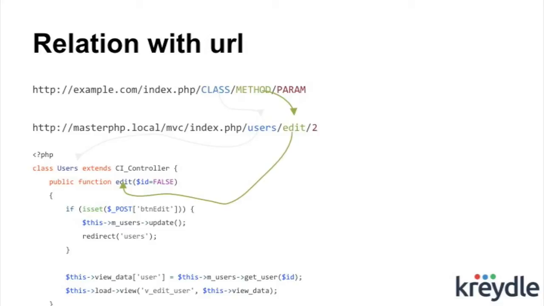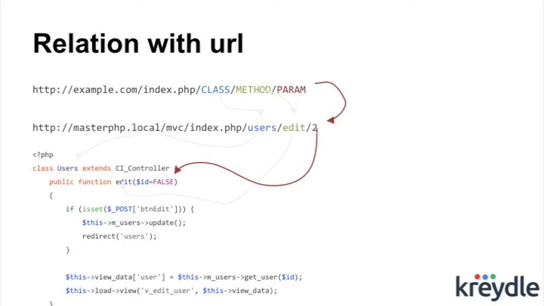By right, if you use OOP, we name it a method. Okay, this one is class user, and the second parameter, method, is this one. So when you type users slash edit, it means you call this controller and this method.